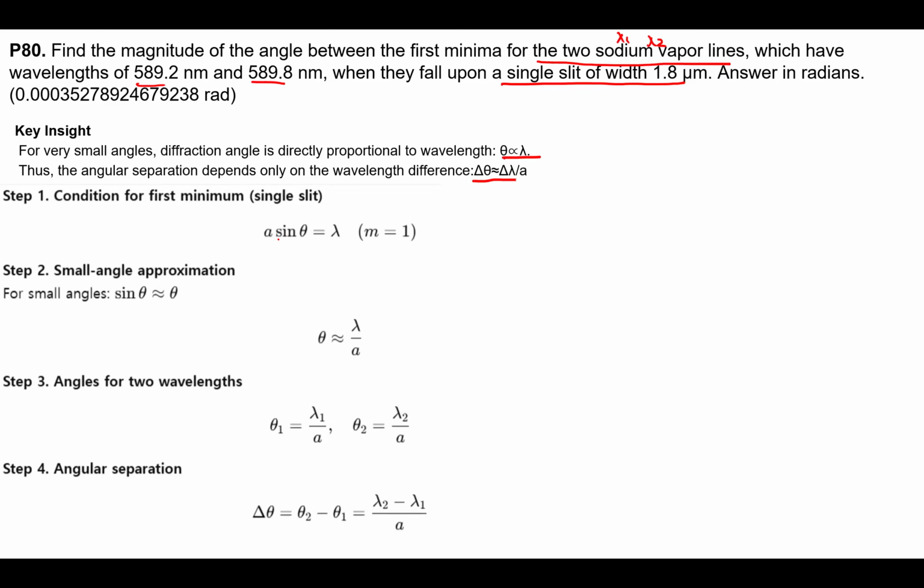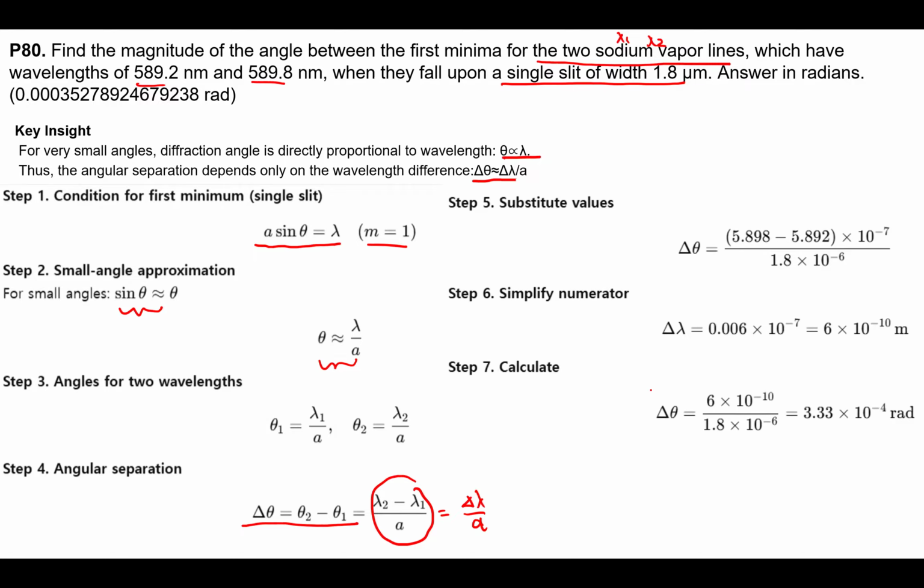So we get a sin theta is lambda, and with the small angle approximation, sin theta becomes theta. Theta 1 is lambda 1 over a, theta 2 is lambda 2 over a, and delta theta is just delta lambda over a. Delta lambda, lambda 2 minus lambda 1, is this much, and then delta theta is this much, okay?